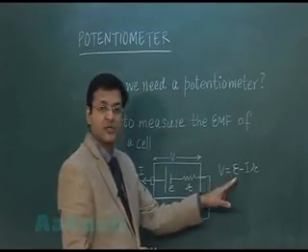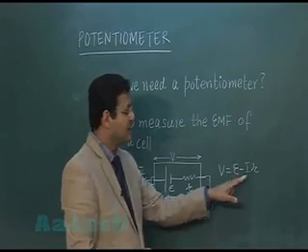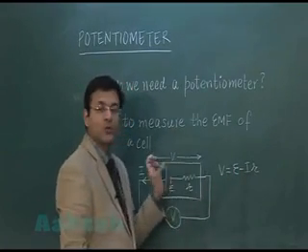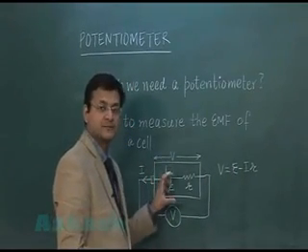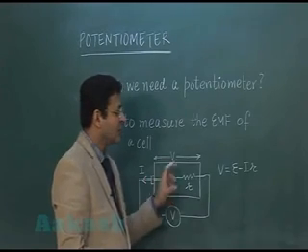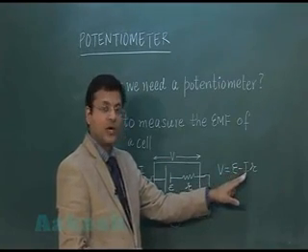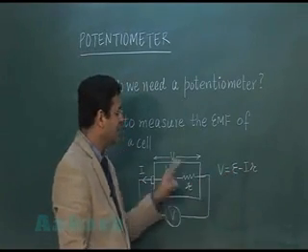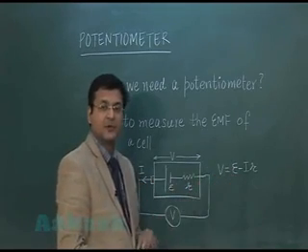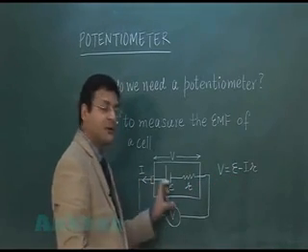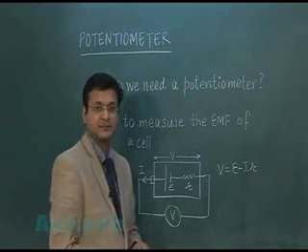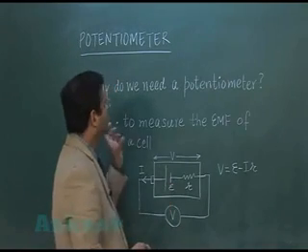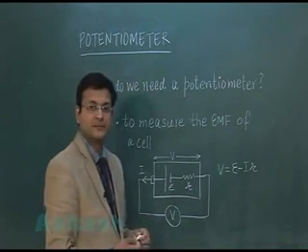EMF तभी मेजर हो सकता है जब सेल के थ्रू कोई भी करंट पास ना करे. You understand? करंट जब जीरो होगा, then only the terminal voltage will be EMF, और ये वर्क आप वोल्टमीटर के हेल्प से नहीं कर सकते. That is why you require a potentiometer.